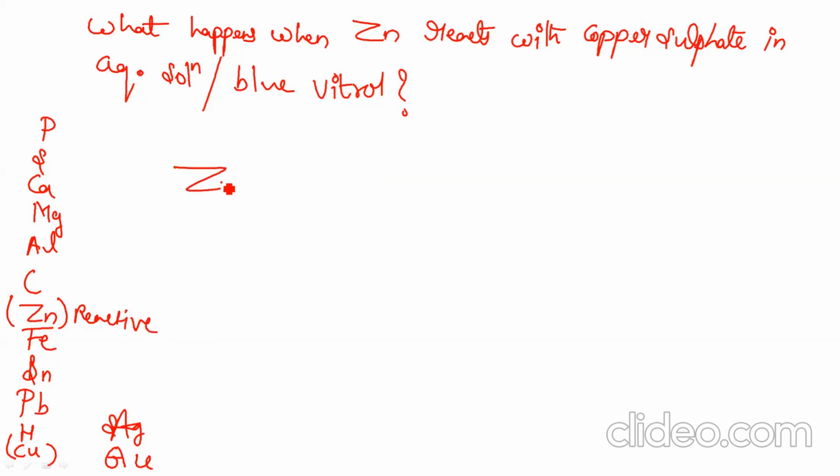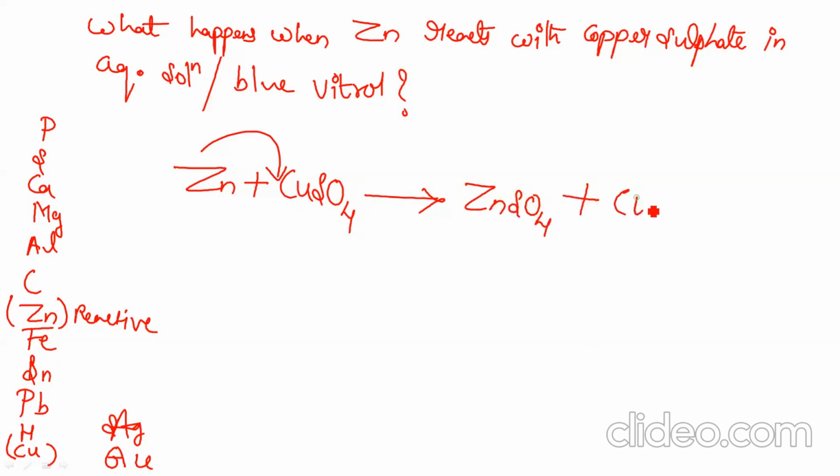So the reaction will be like this: Zn plus CuSO4. The zinc will displace the copper, and it will form ZnSO4 plus Cu. It will be aqueous.